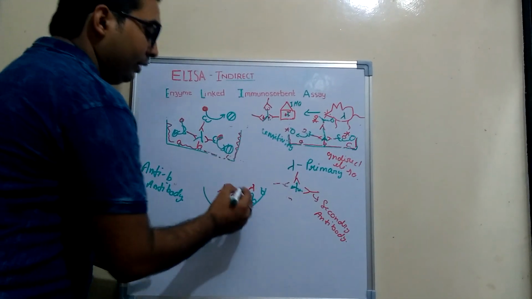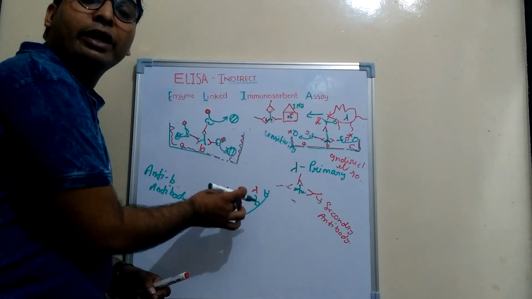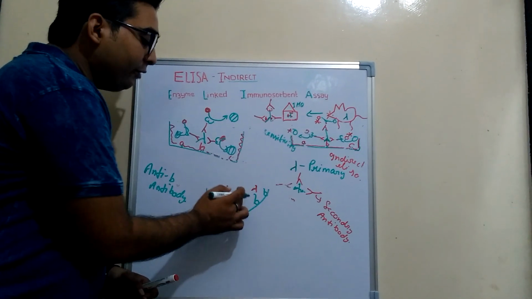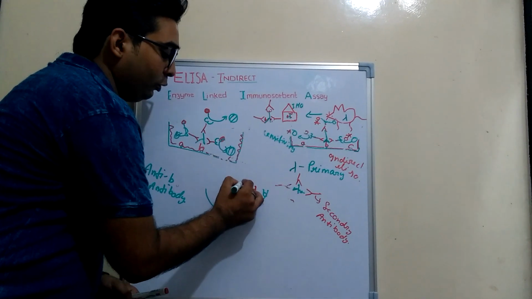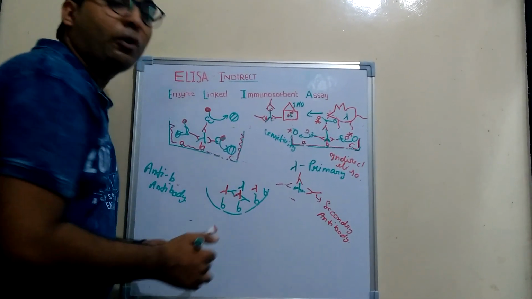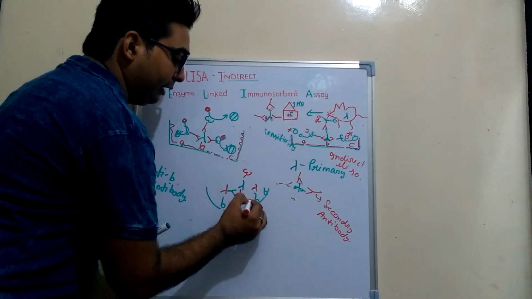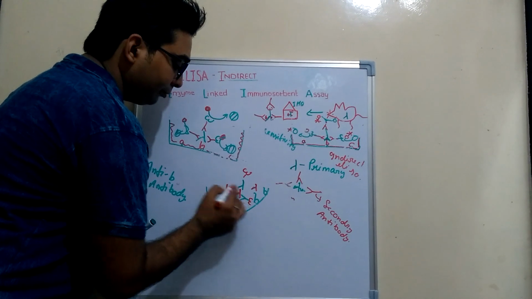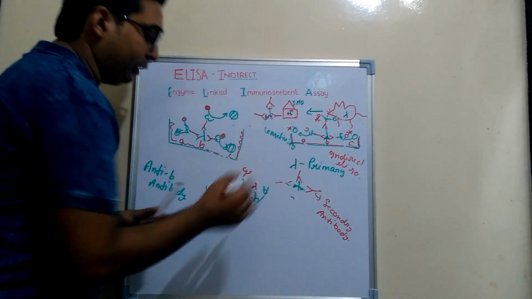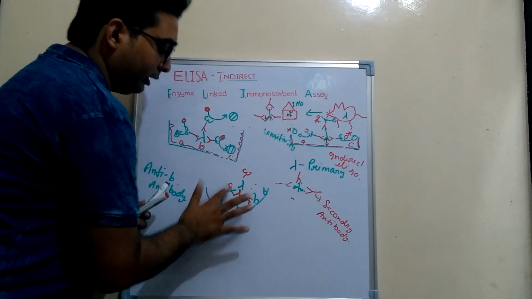Now, because I know the structure of our antibody, I will use a secondary antibody, and the secondary antibody will make a bond with the primary antibody, and this is enzyme linked. On washing, this is enzyme linked.